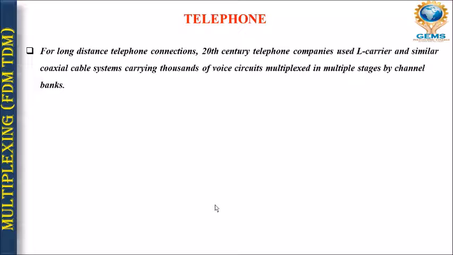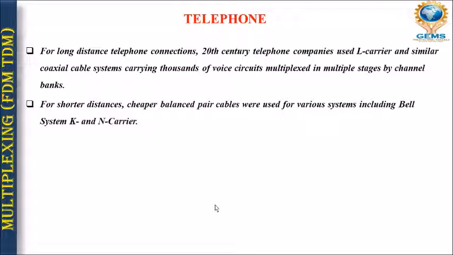For shorter distances, cheaper balanced pair cable was used, including Bell system K and N carrier. So for shorter distances we can use Bell system K and N carrier telephone systems.